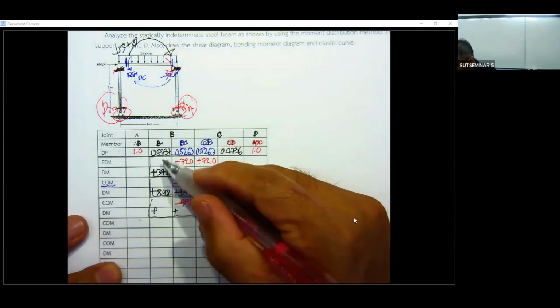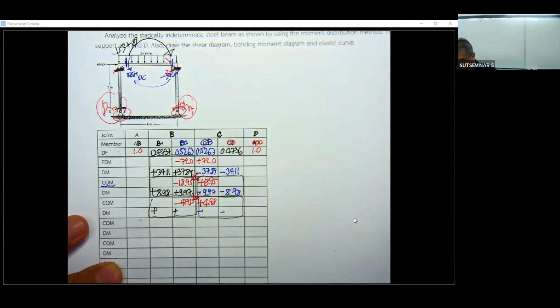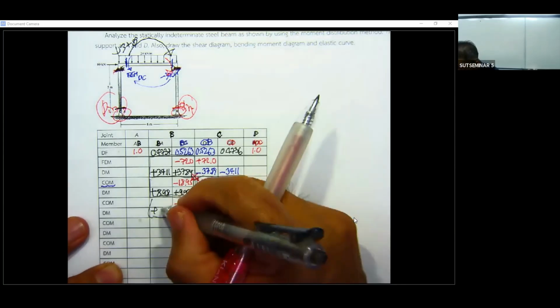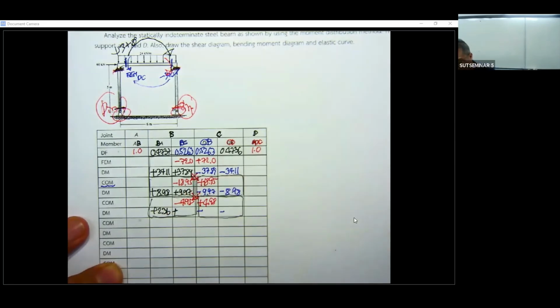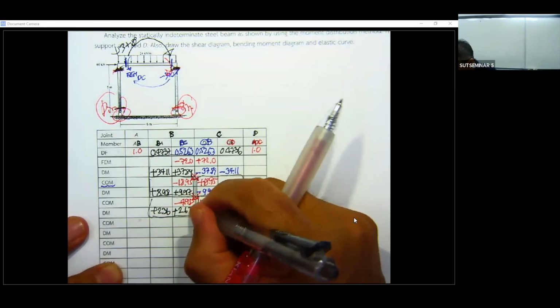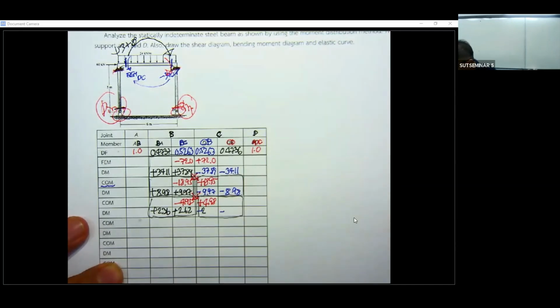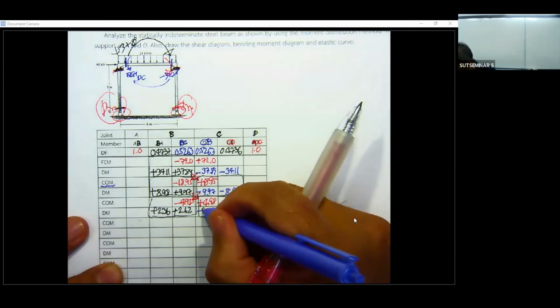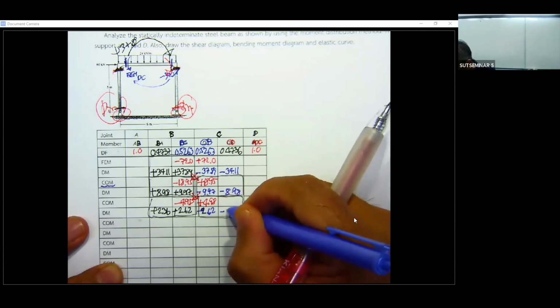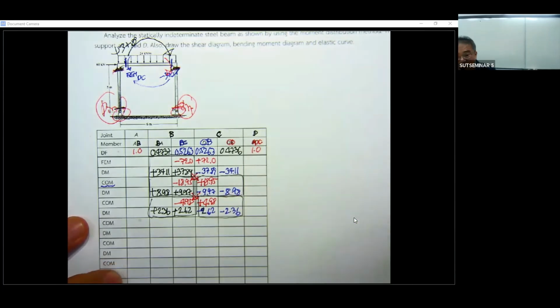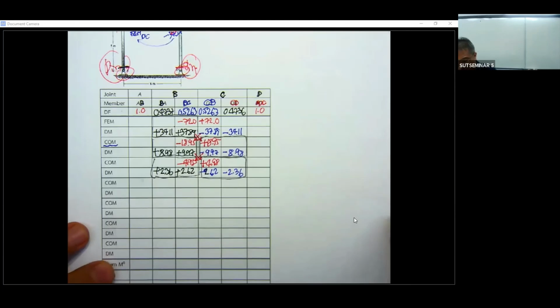Okay, this one times this one, you get 2.36. This one is going to be 2.36, and this one is going to be 2.62. Okay, this one minus, sorry, 2.62. This one 2.62. This one 2.36. And you do everything until you finish.